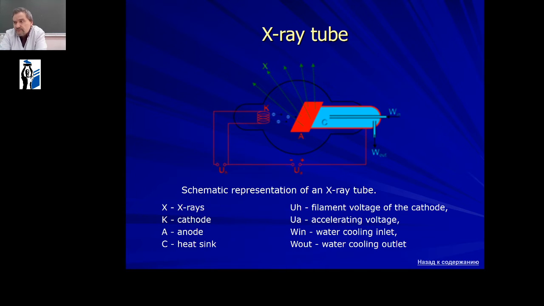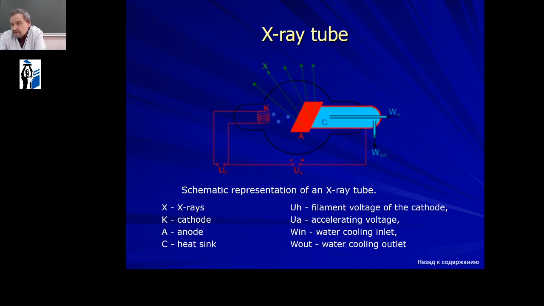The anode has a round shape and is called an anode mirror. The anode is constantly rotating, so that the electrons are reflected from different parts and do not overheat the anode.